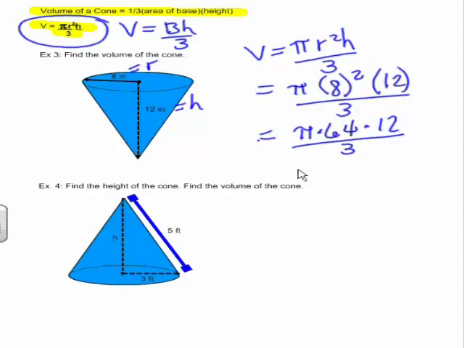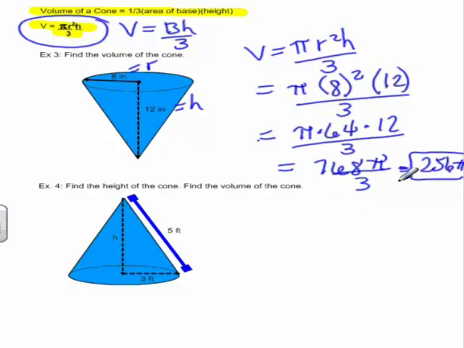So that is equal to 768 pi divided by 3. If you divide that by 3, you get 256 pi. This is a great answer.